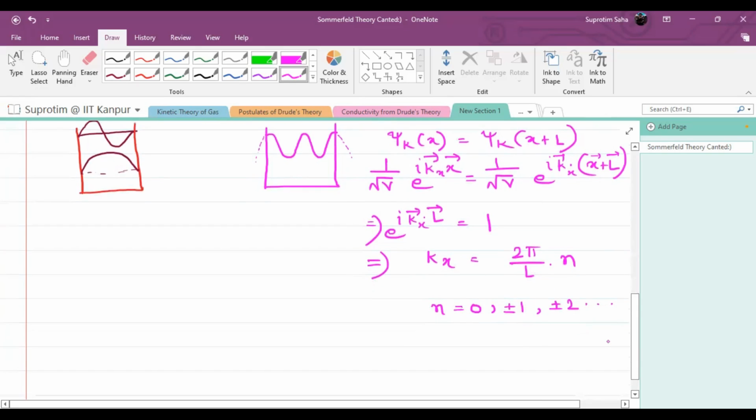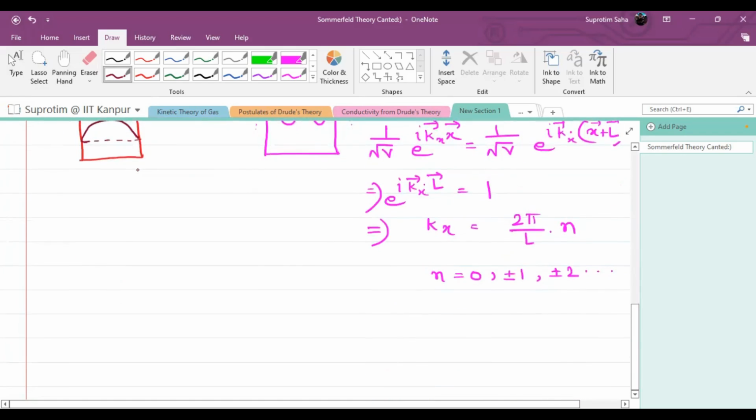So this was the restriction on the wave vectors if you have your periodic boundary condition. This was the restriction that the wave vector needs to have.